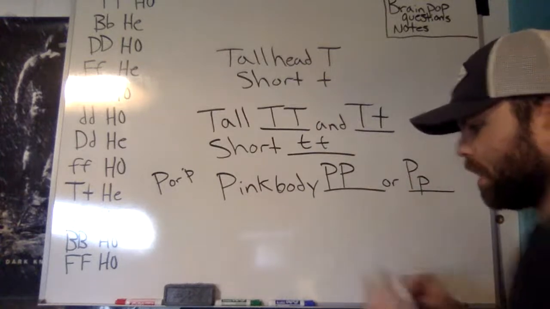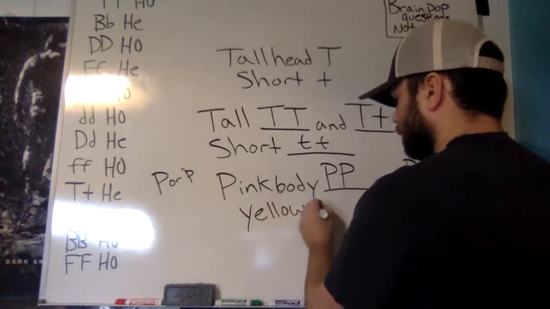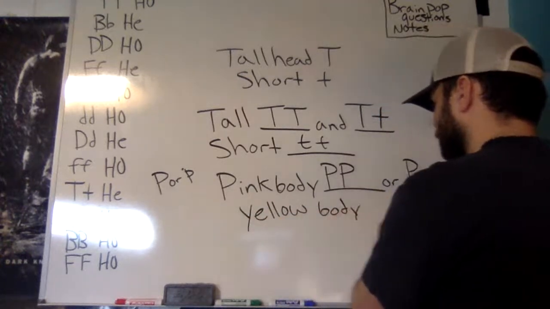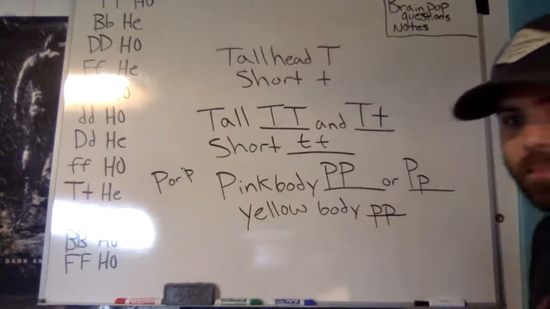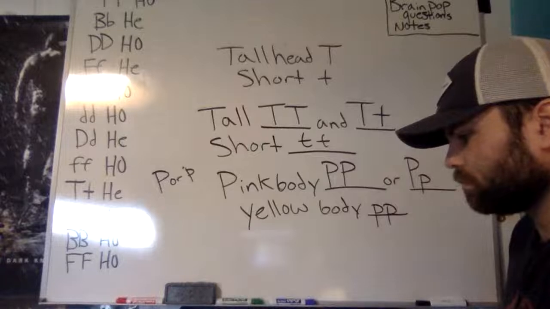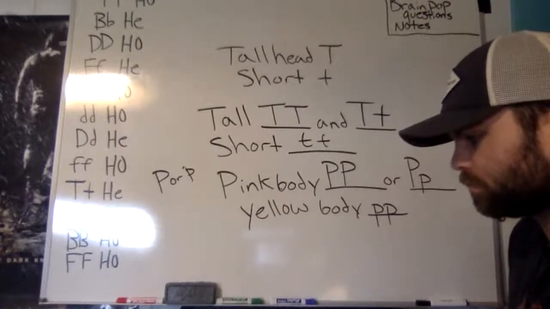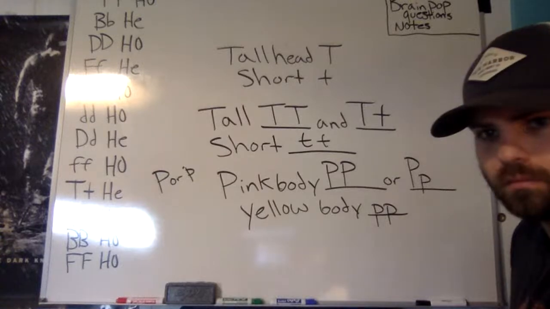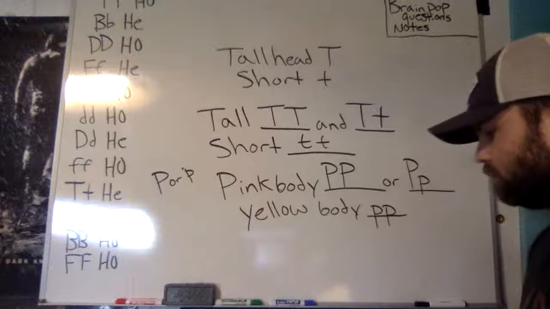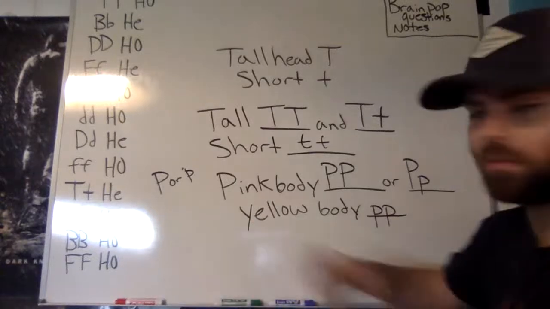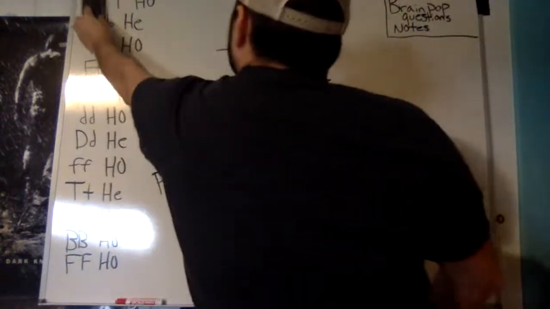And then to get a yellow body, you're going to have two lowercase p's. So far, so good before we start the actual Punnett squares? Okay. I'm going to erase this.